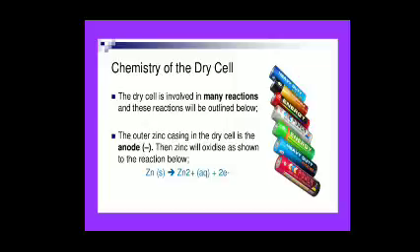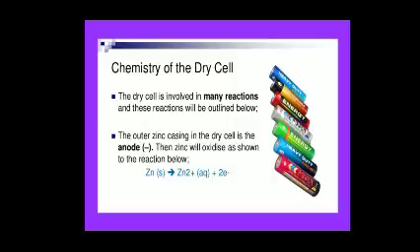In this video, the reactions involved in dry cells. The zinc container acts as the anode and undergoes the oxidation process.